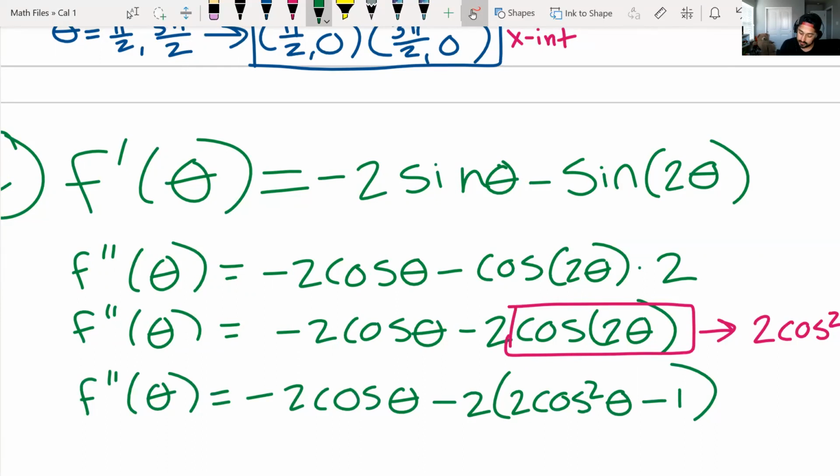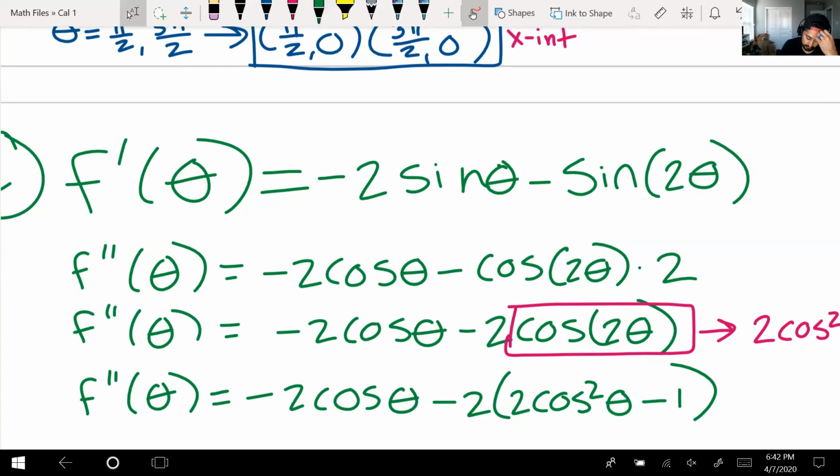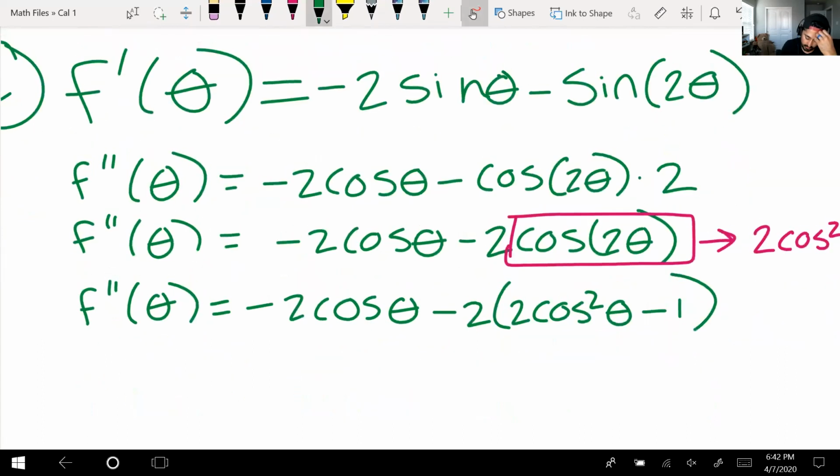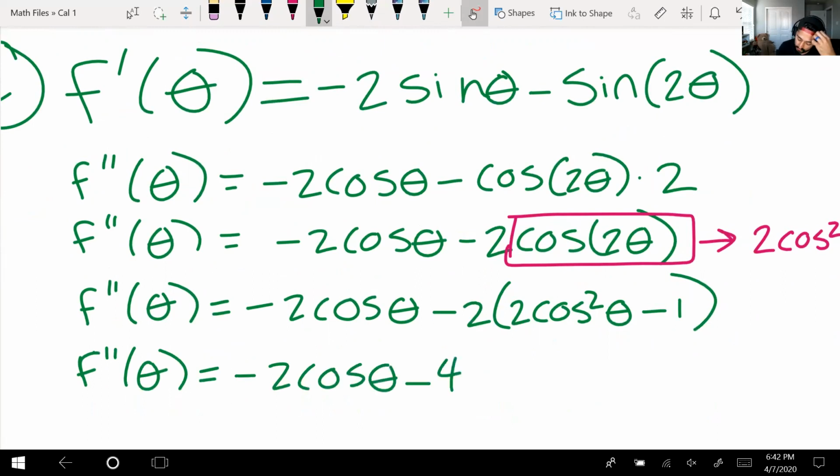Cosine 2 theta is 2 cosine squared theta minus 1. Yep, we're good. Okay, so this means we get f double prime theta equal to negative 2 cosine theta minus 4 cosine squared theta plus 2.